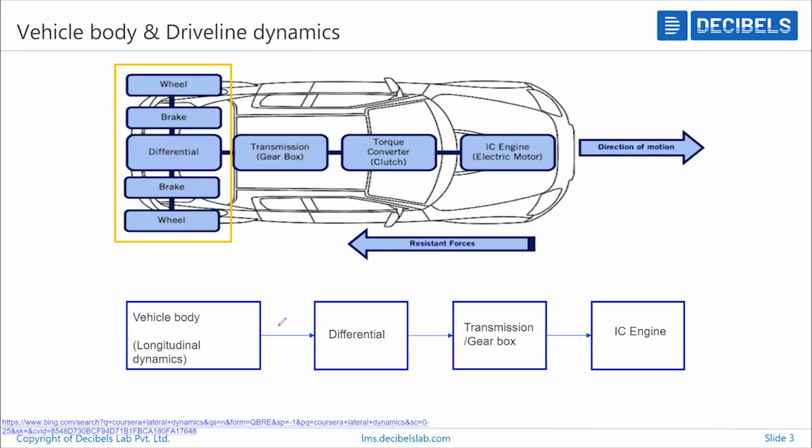We send it to the wheel, so the wheel starts rotating and the vehicle moves. So this is the powertrain of your IC engine. If you skip the IC engine, the source of the power, the rest we call the drive line, or drive train.